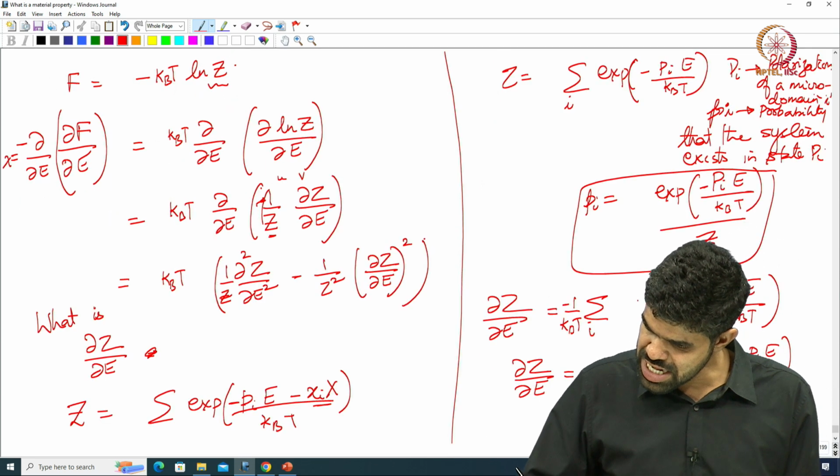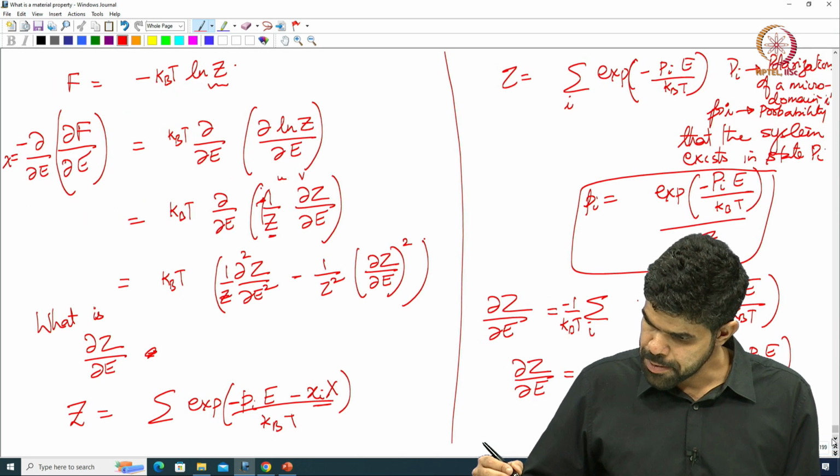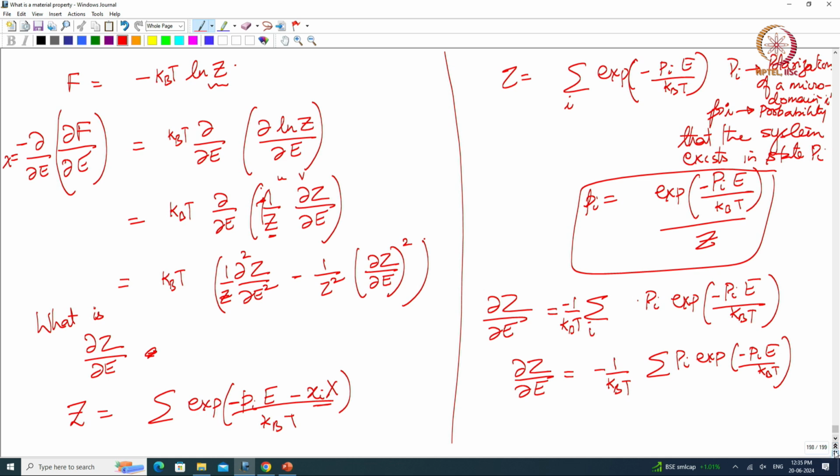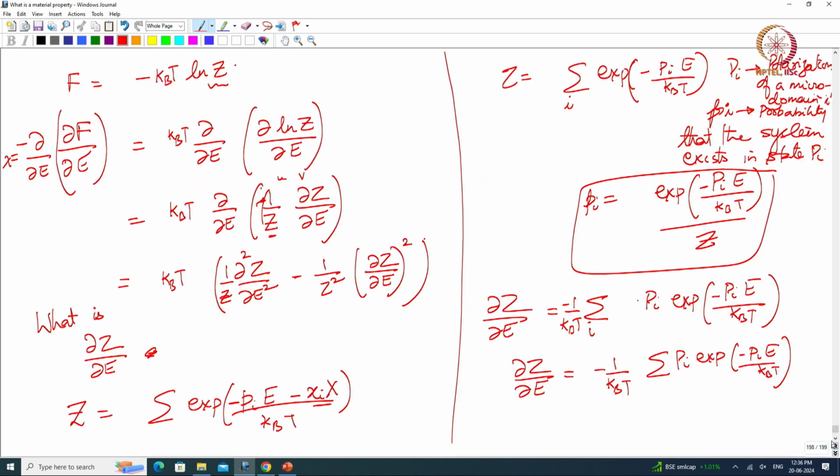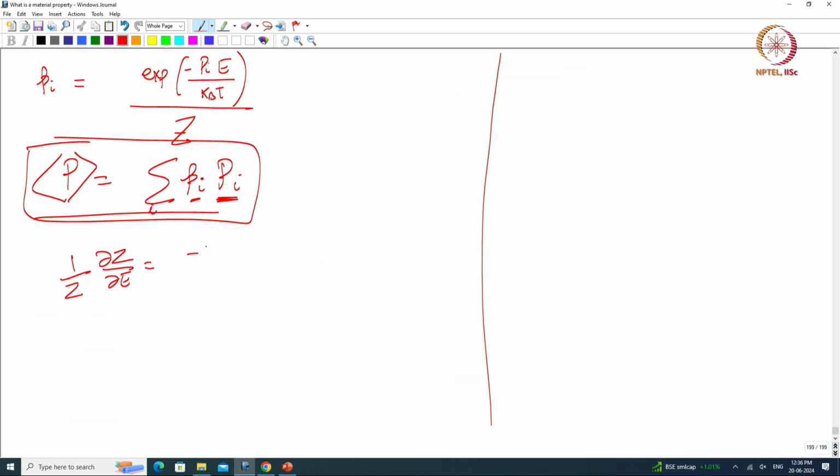So, if I am looking at this expression, let me write, what is 1 by Z ∂Z/∂E? 1 by Z ∂Z/∂E is minus 1 by kBT, that comes out, times the sum of capital Pi_i exponential minus Pi_i E by kBT, divided by the sum over i again of exponential minus Pi_i E by kBT.